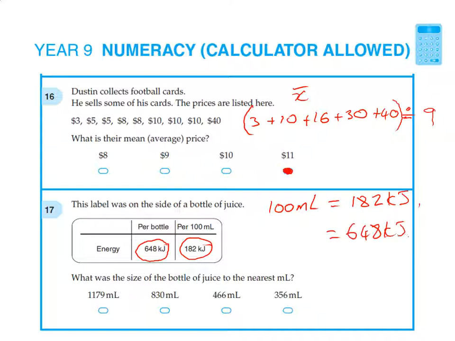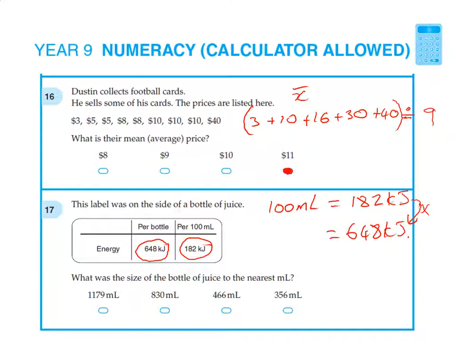Okay? Now, because a bottle is 648 kilojoules, I need to find the scale factor from 182 all the way to 648. How many times is that? So times by what to give me this? So what I do, I just use the calculator, 648 divided by 182. If you divide, you get 3.56, right?